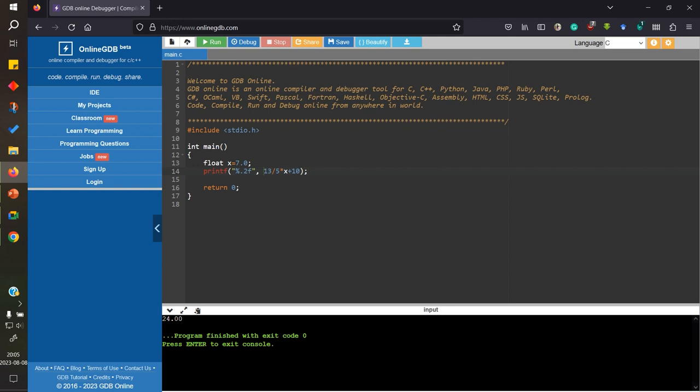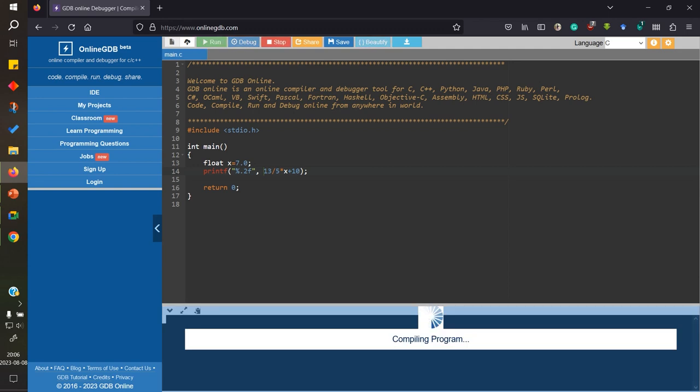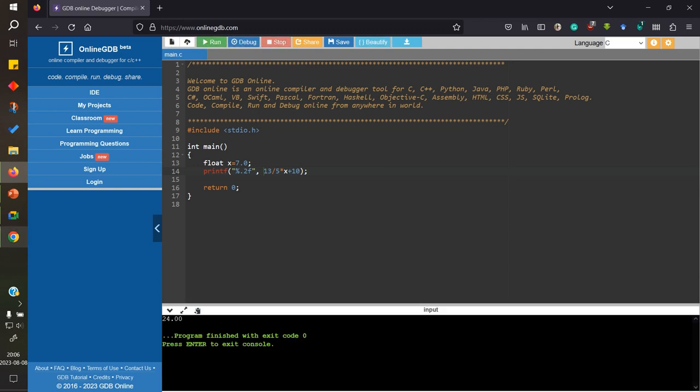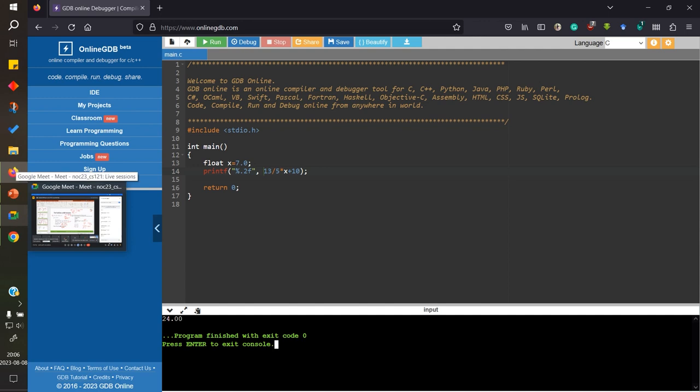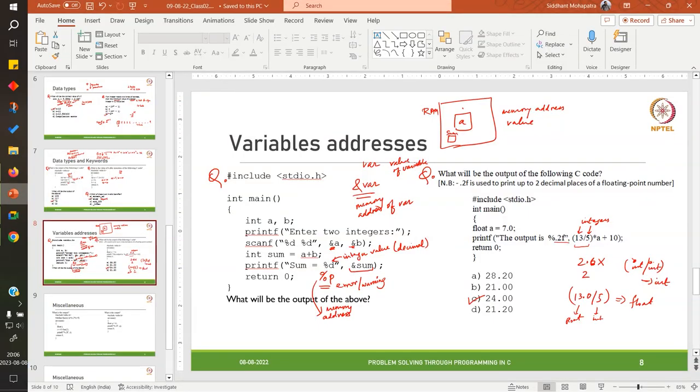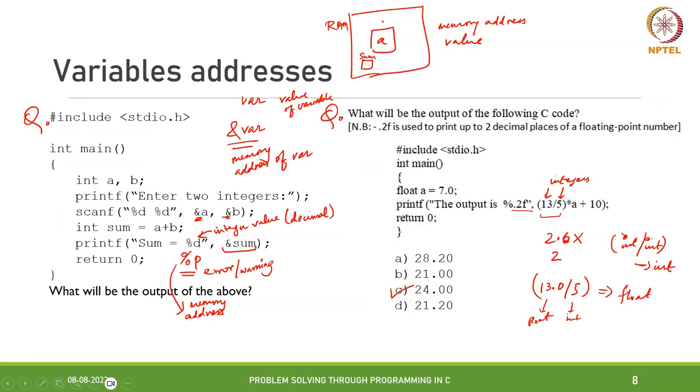Are you sure? Because on the compiler that I am using, it still gives me 24, even if I remove the braces. Like if I just remove the braces, I don't write 13.0 or 5.0, it still gives me an answer of 24, which I think is understandable in a way.